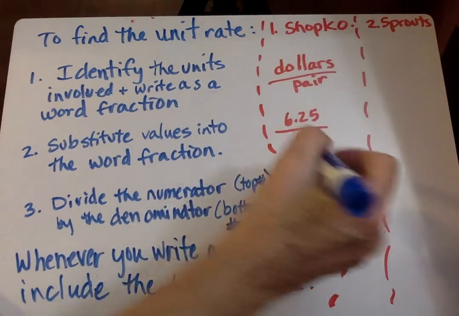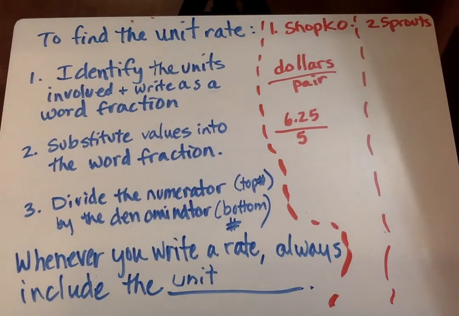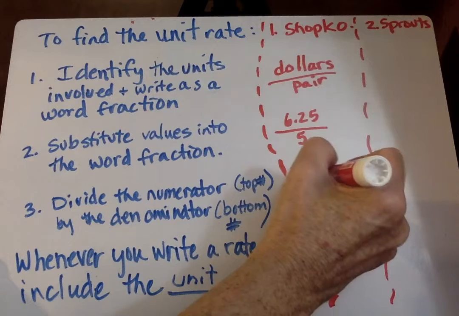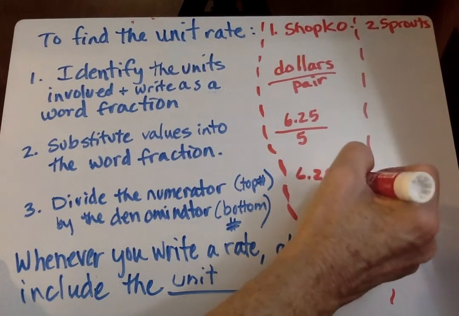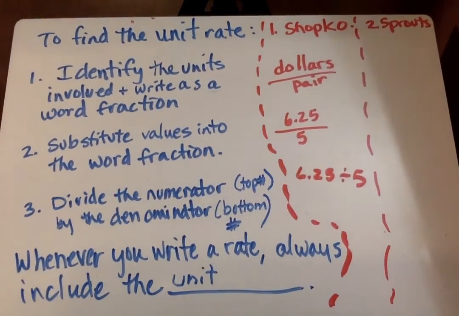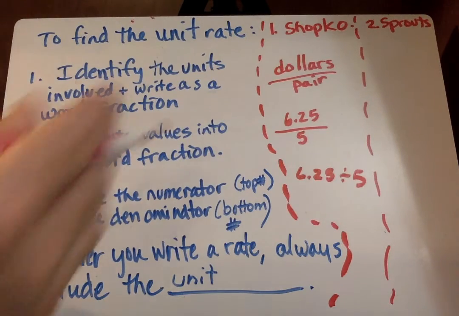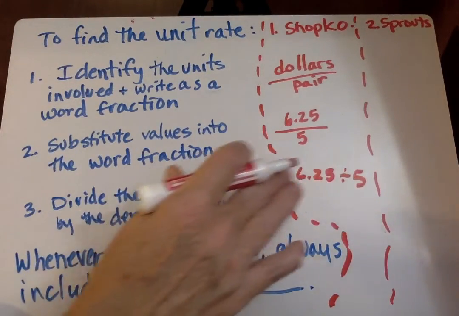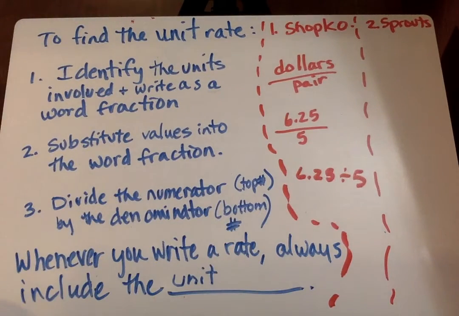So $6.25, I should probably write this in red. It's a common thing for Shopko. So we go 6.25 divided by 5. Then we write the unit per rate. Again, I'm going down. Yours is going to be going across. So divide the numerator, the top number, by the denominator. And what do you get?